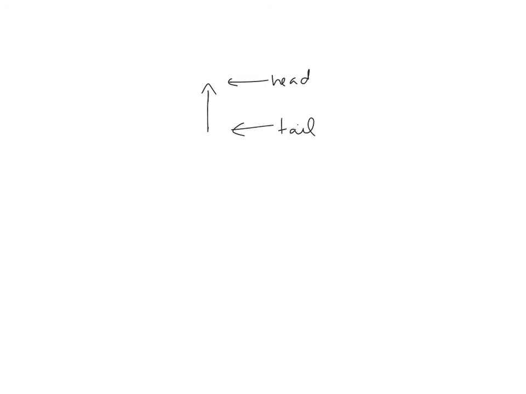But you add the tail of the second vector to the head of the first one. So if I have another vector, maybe it goes this way. So the tail of my second vector attaches to the head of the first vector.